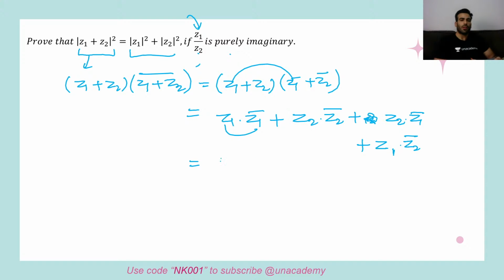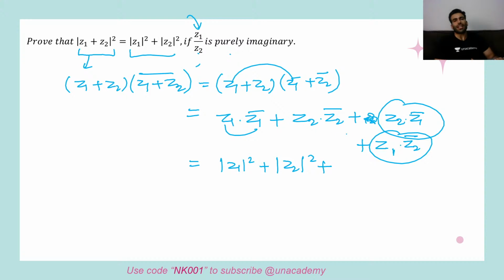Now this is mod of z1 square, plus this is mod of z2 square, plus what is it? It seems as if this is the addition of two conjugate numbers. So when we have the addition of two conjugate numbers, what do we get? Twice the real part of the complex number. Now see this.